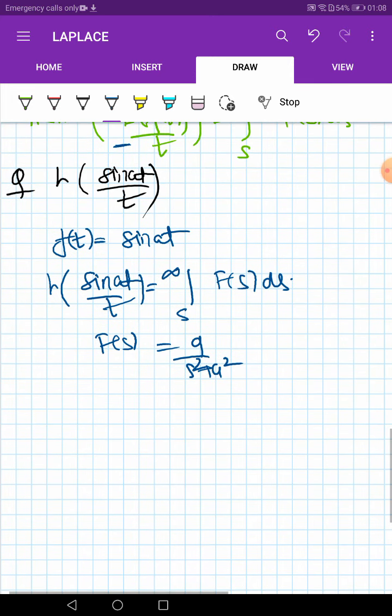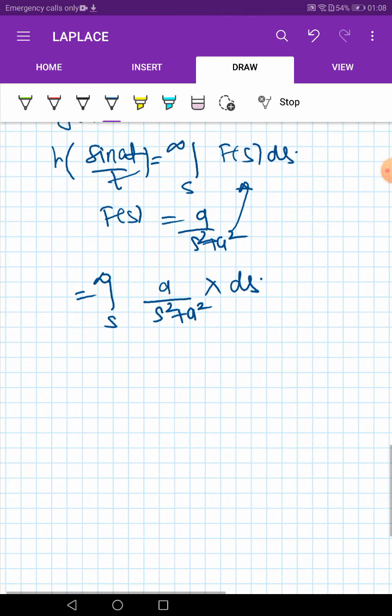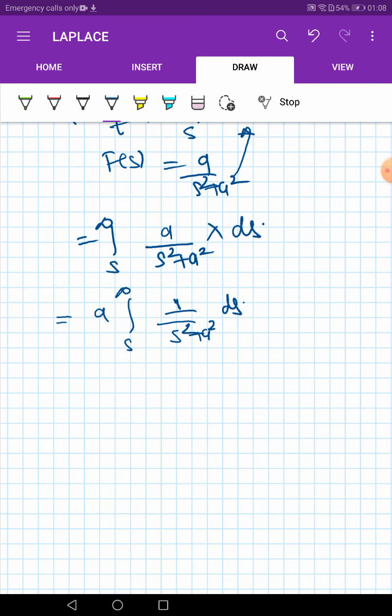So put the value of this in this, so we get the integration from s to infinity of a by (s² + a²) ds. Now a is constant, we can take it outside, so it is a times the integration from s to infinity of 1 by (s² + a²) ds. The integration of 1 by (s² + a²) is 1 by a tan inverse of s by a.